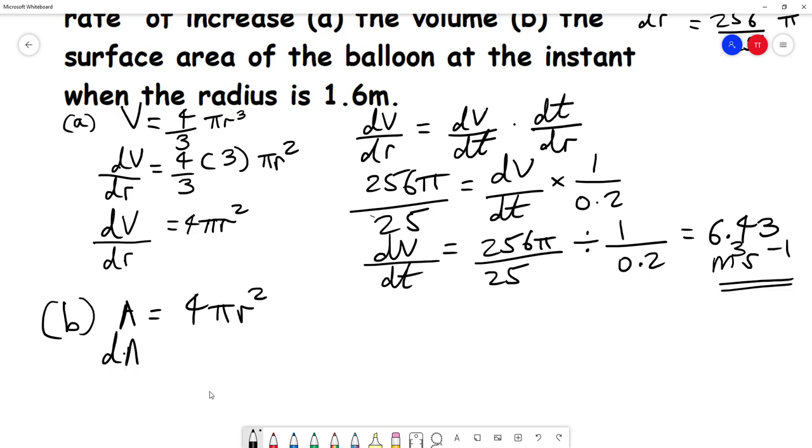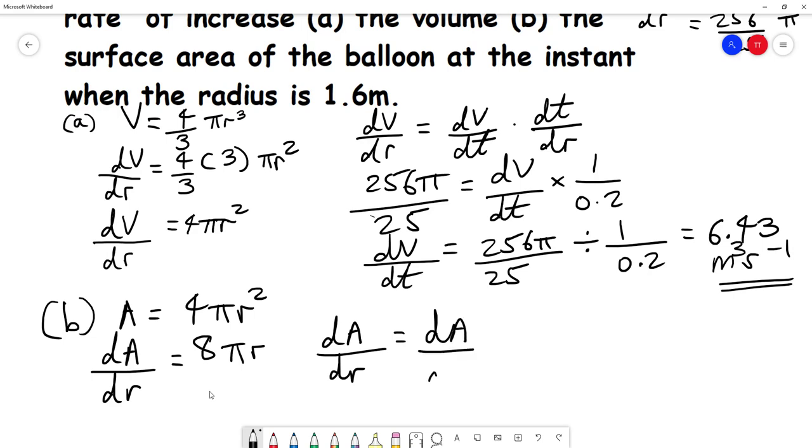So we're going to differentiate this to give me dA by dr, and that's going to give me 8 pi r. Now using the chain rule, that's going to give me dA by dr is dA by dt times dt over dr. Now notice that we've got dt over dr from the previous part, which is 1 over 0.2.